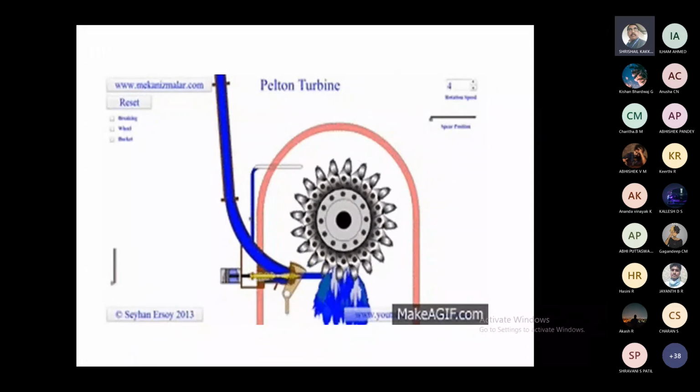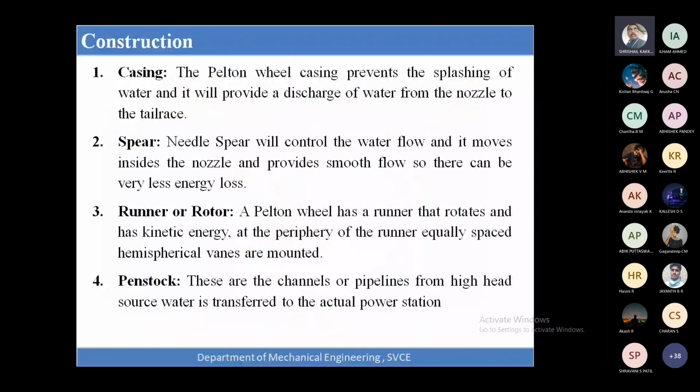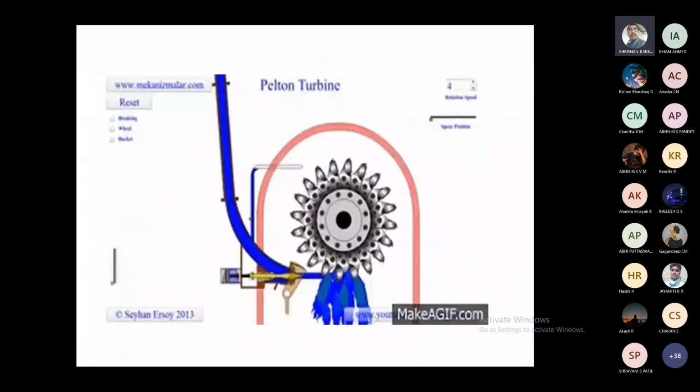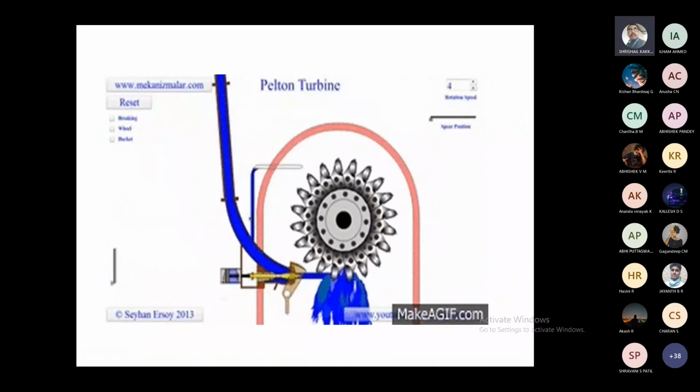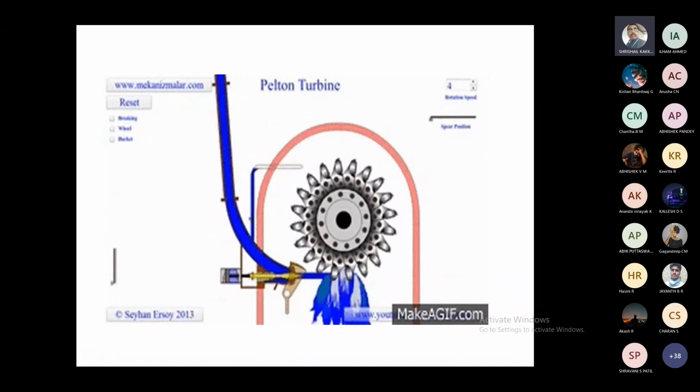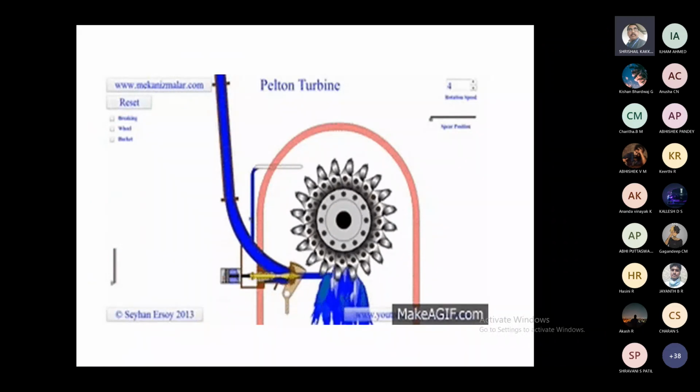Now let me try to see the working of this Pelton turbine. How the Pelton turbine will be working, we'll try to see. Already I told you in the reservoir, there will be a head of water. If the head of water increases, the pressure will be more. Hydrostatic force will be more.